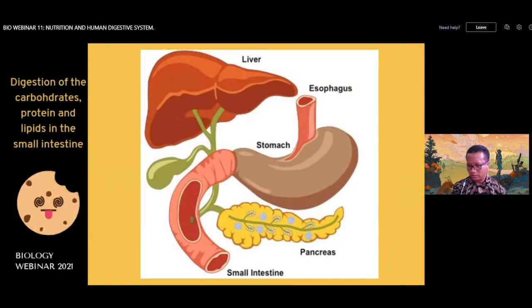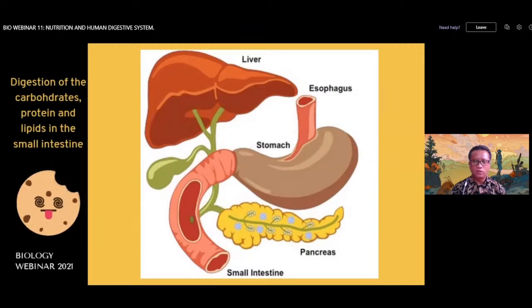Now let's take a look at the next location of digestion, which is happening at the small intestine. Now the food is moving from the stomach. Let's review what just happened.